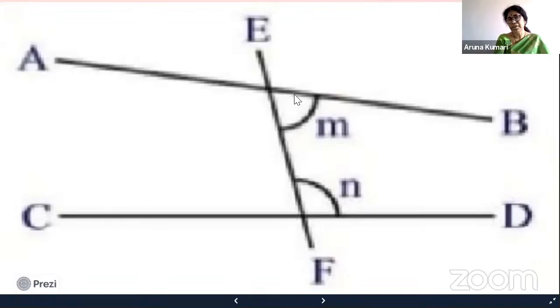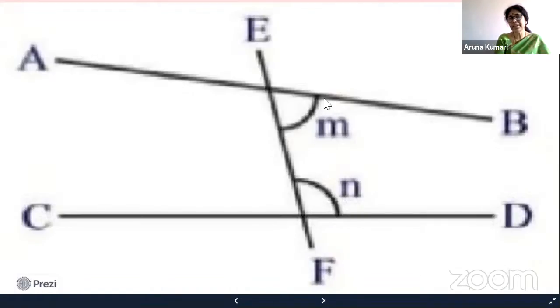That means at the intersecting point, you know very well there will be some angle, and here also some angle. But here it is said interior angle. Interior means the angles between these two lines.